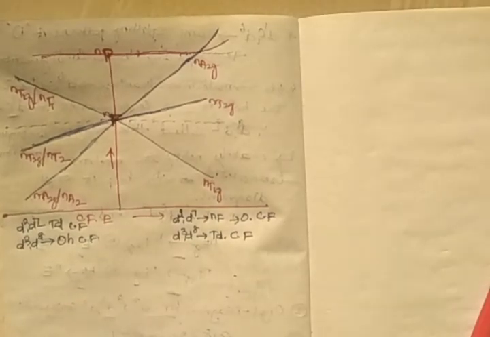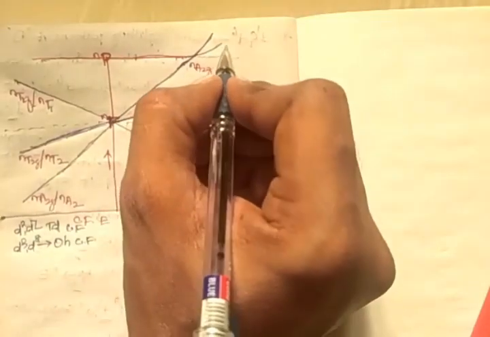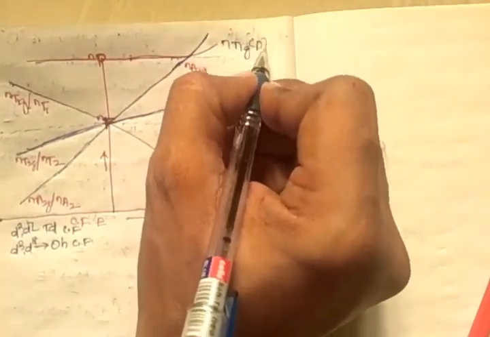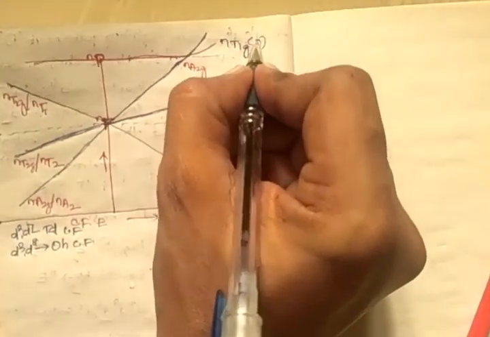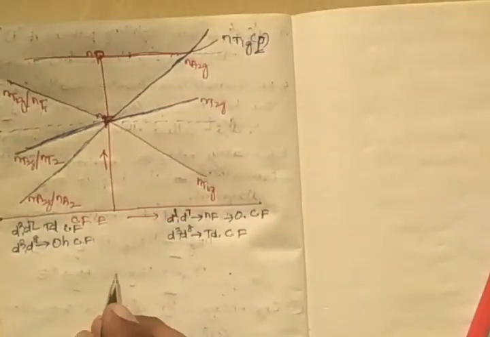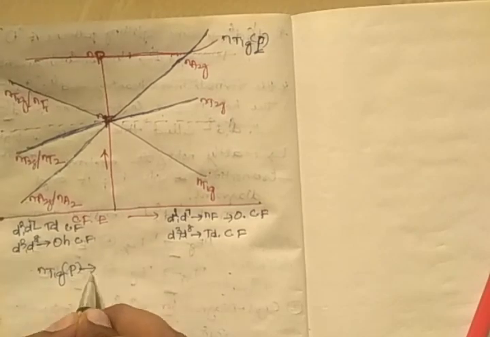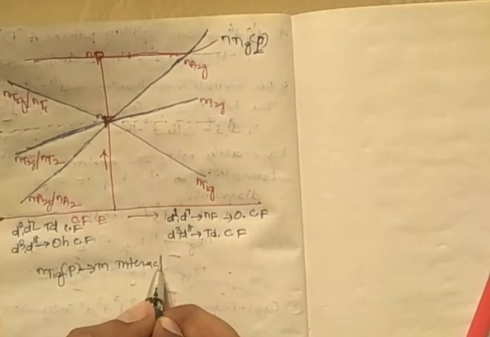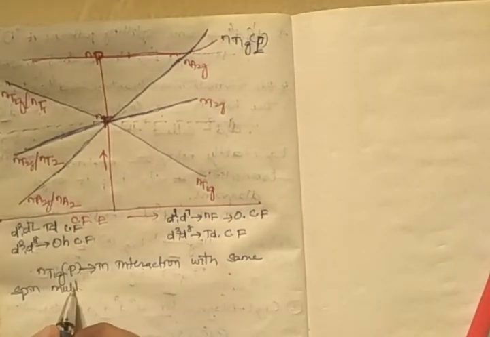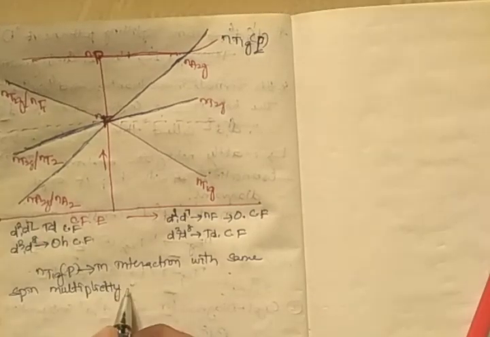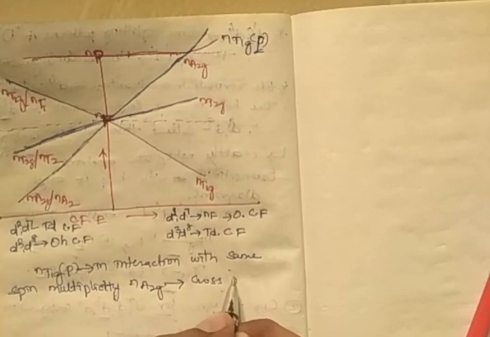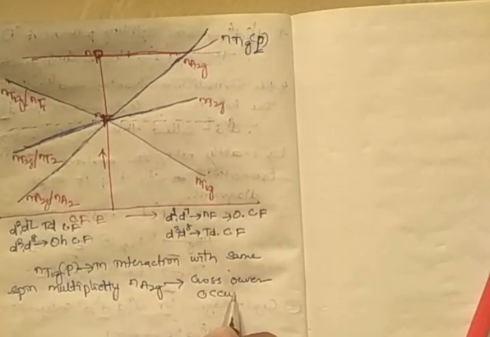Now, when it is having the interaction with this P term, the newly generated energy level will be Nt1G of P. Nt1G of P will be there, and thus Nt1G of P gets interacted with A2G, in interaction with the same spin multiplicity, Na2G, where crossover occurs, right?